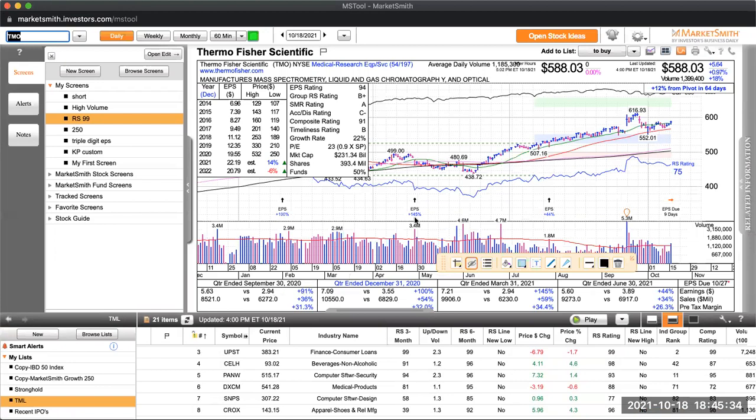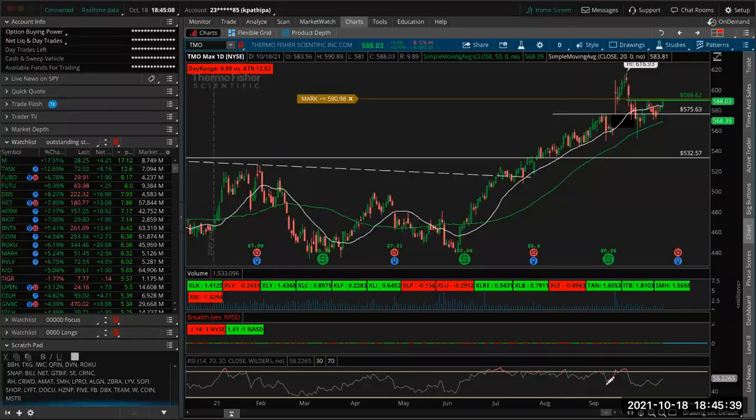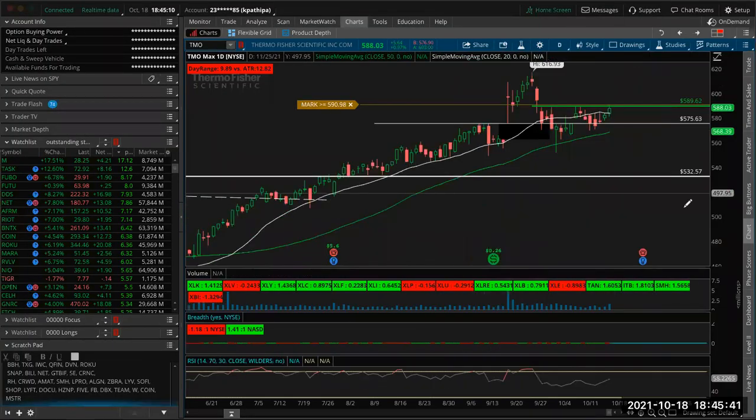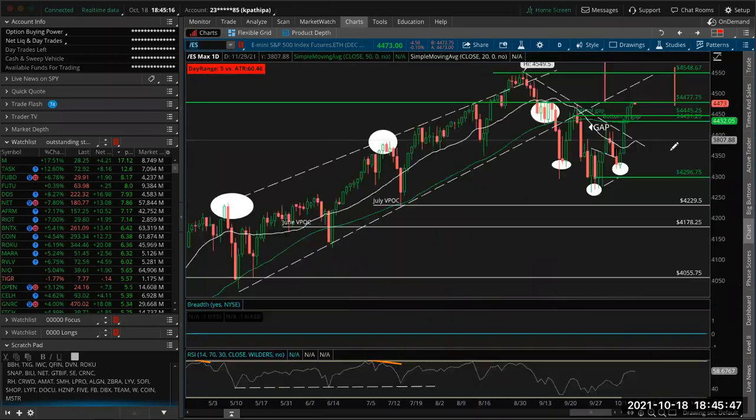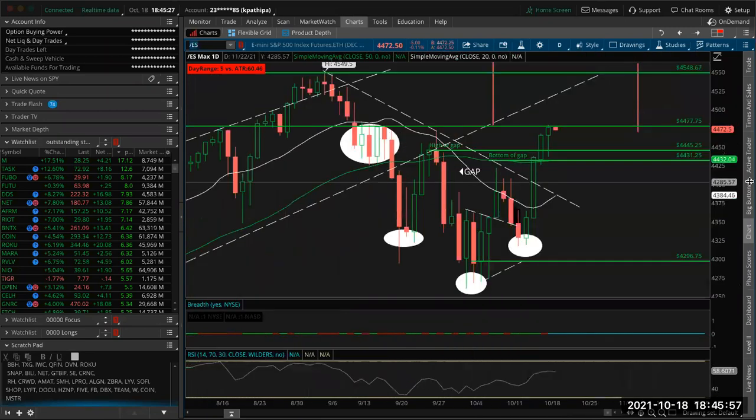Let's go back to the chart. I don't have a lot to talk about. The only thing that I'm looking for right now is for it to consolidate a little. I have about 65% of my portfolio in the market, just the stocks, and I have maybe 5% or so in options. So I'm about 30% cash right now.